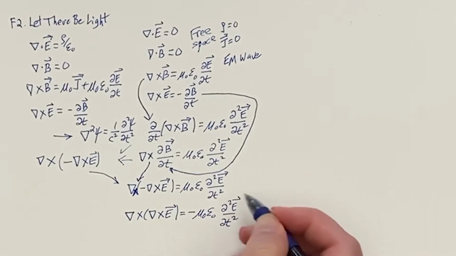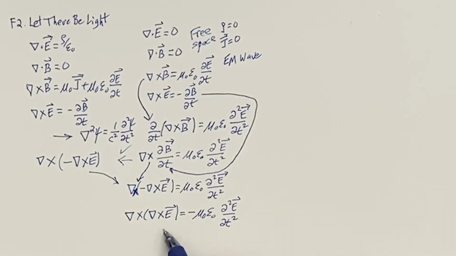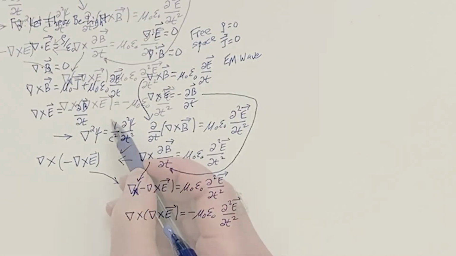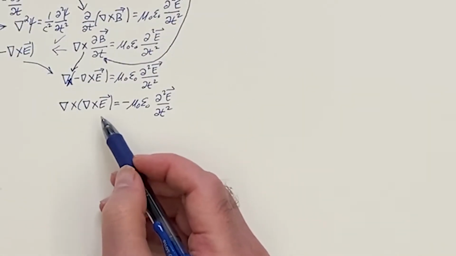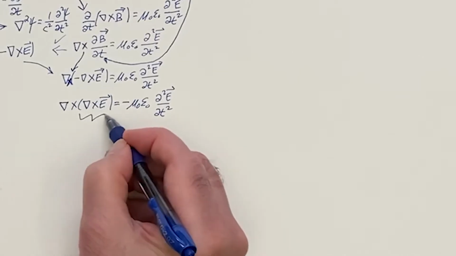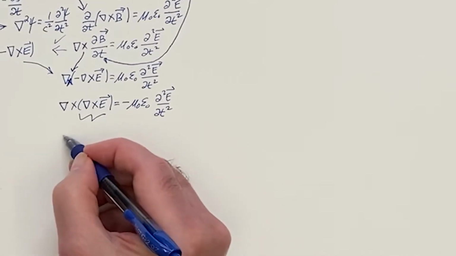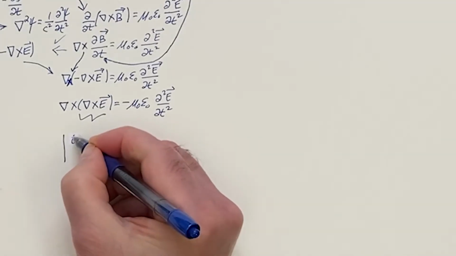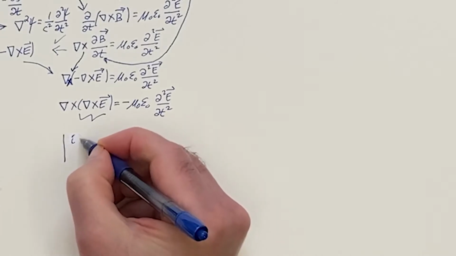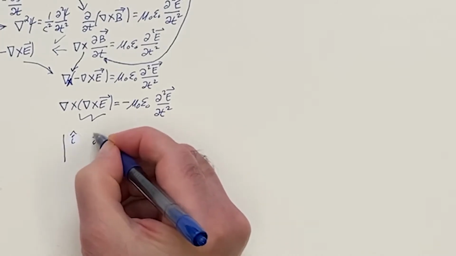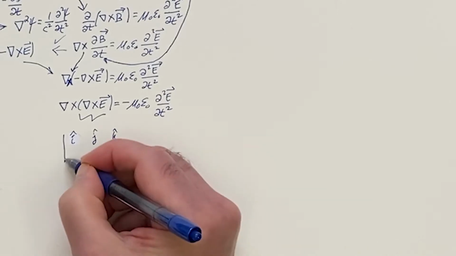And the rest of this derivation is going to involve messing with this left-hand side. It looks a little weird. Well, this is already pretty complicated, because this is going to be i hat, j hat, k hat.